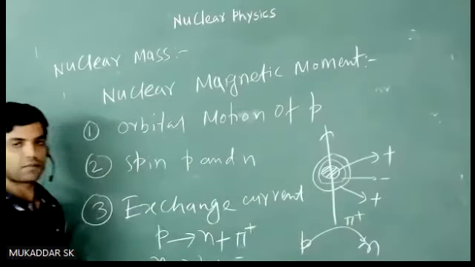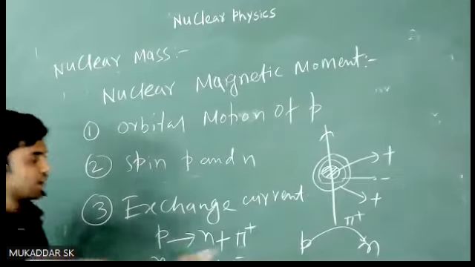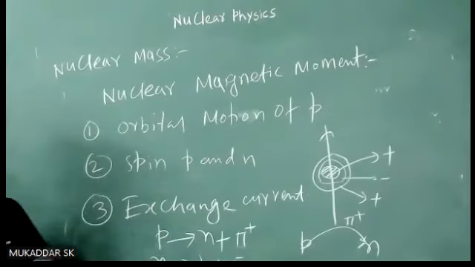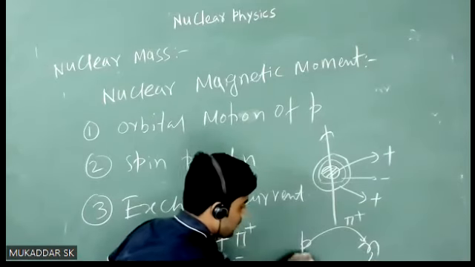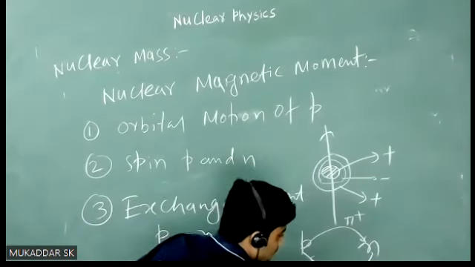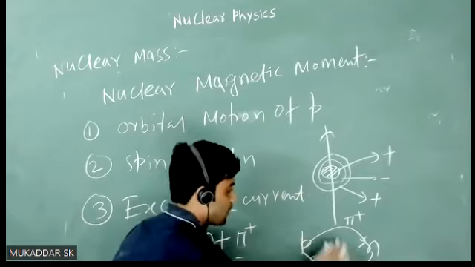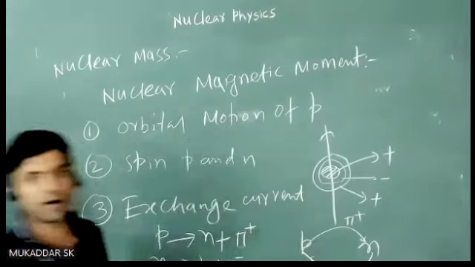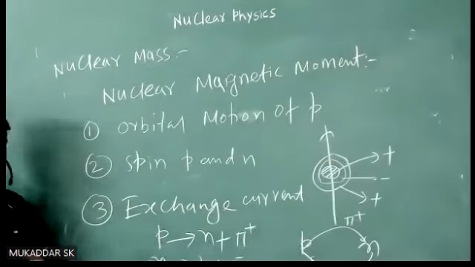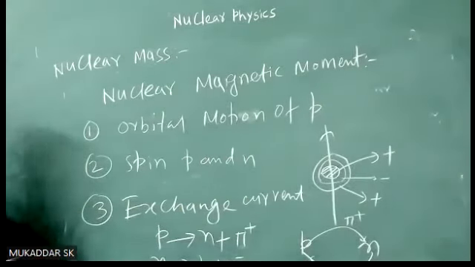Since pi plus has positive charge, it will carry some current also. And of course, when the neutron interacts with the proton, it will emit some pi minus. Since the exchanged pi plus and pi minus are charged particles, their emission also contributes some magnetic moment.